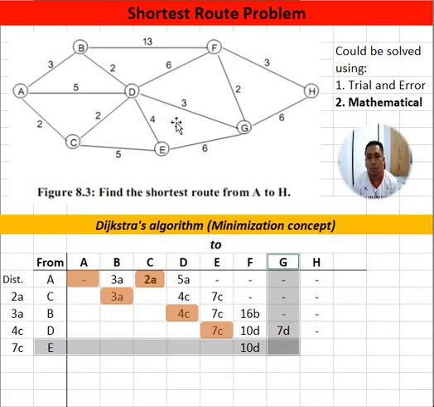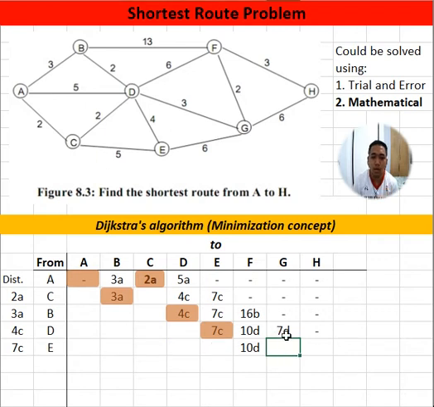E to G. E to G is 6. 6 plus 7 is 13. It's bigger than 7. So rule number 2, if it's bigger, just copy. Then, does E have a direct path to H? None. Just copy. Rule number 1.